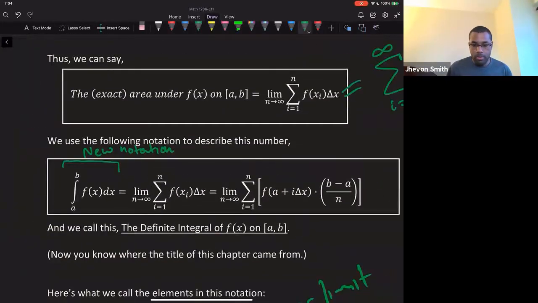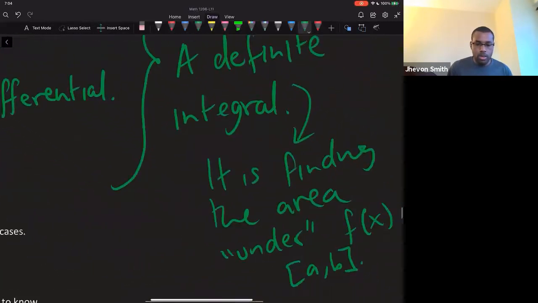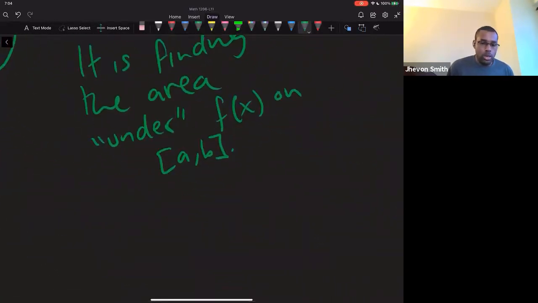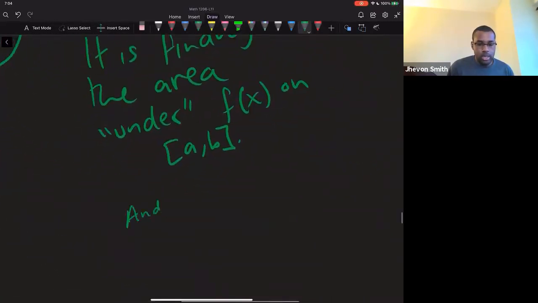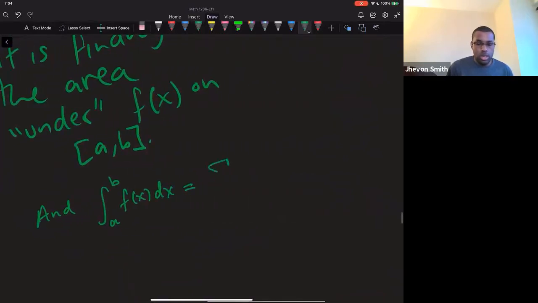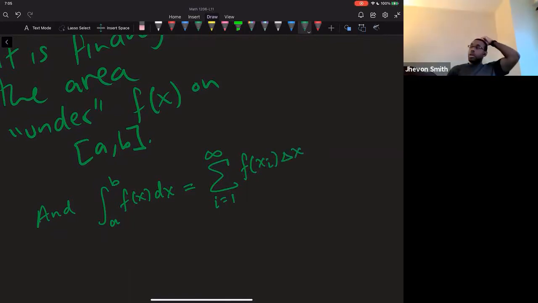So this equals this, right? Because when we're going to an infinite number of rectangles, it actually doesn't matter if you use left hand or right hand.